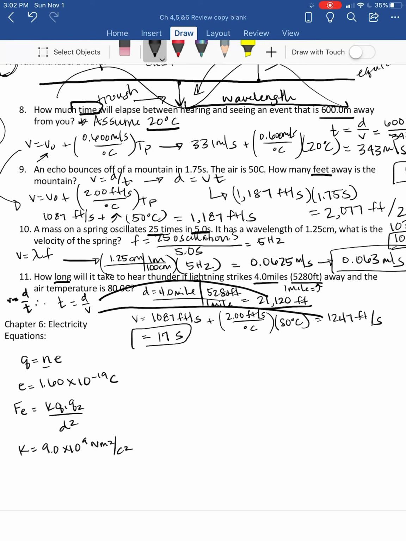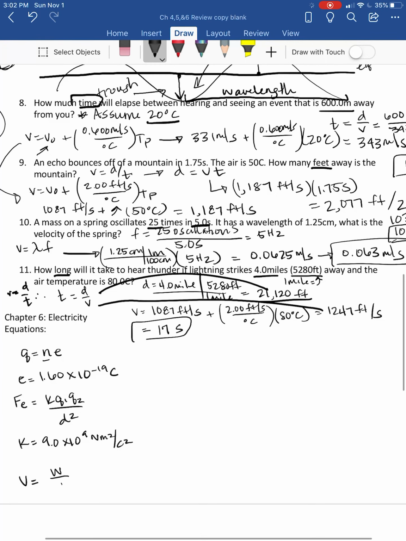We also had an equation for electric potential, which is V. And on the next page, I have a table that kind of shows you what all of this is. So this was work divided by charge. We had an equation for current, which was I equals charge divided by time.